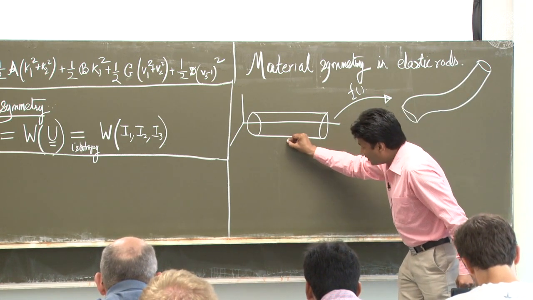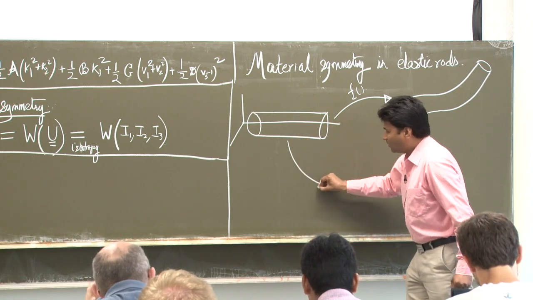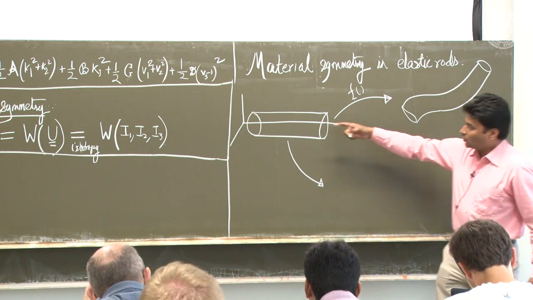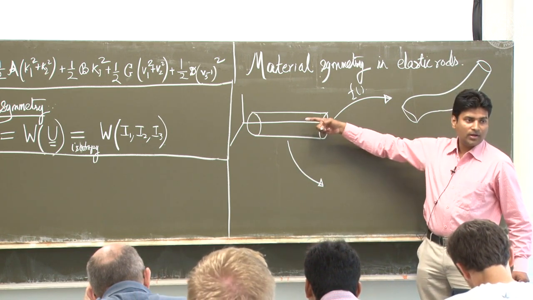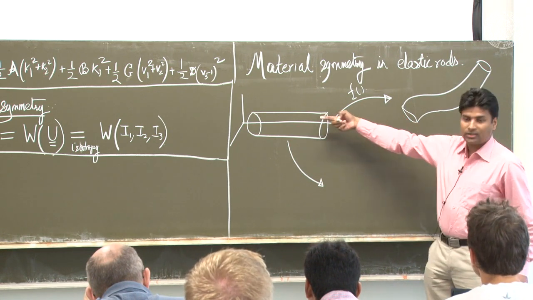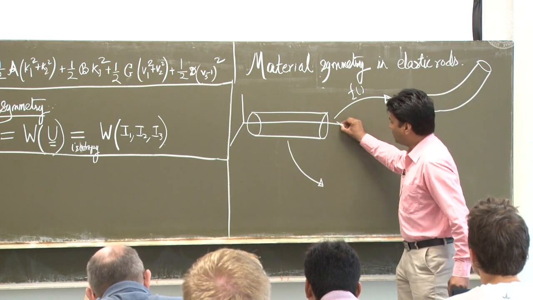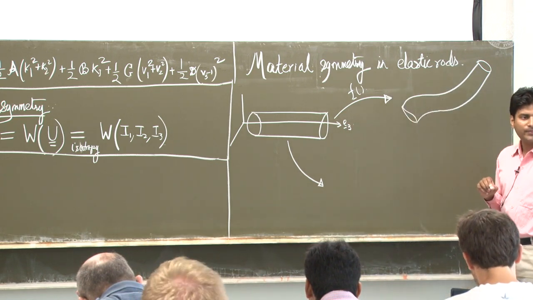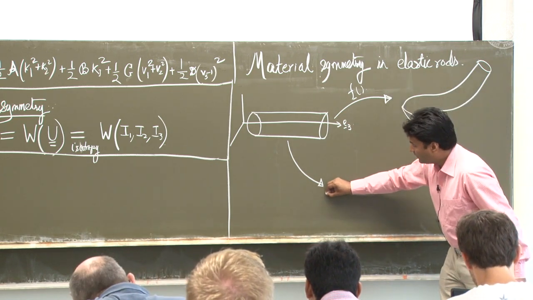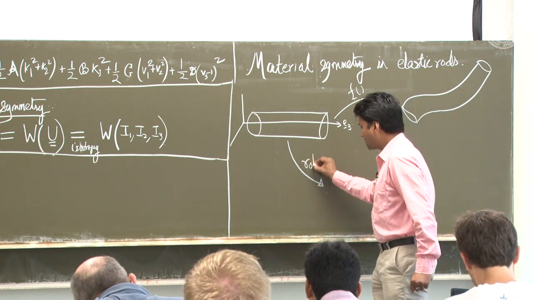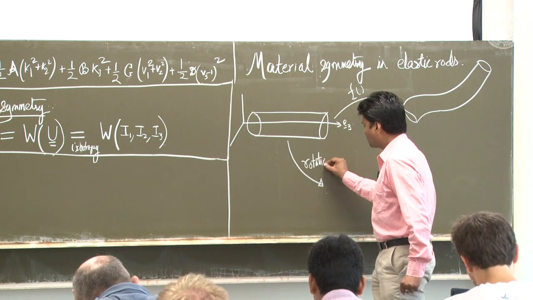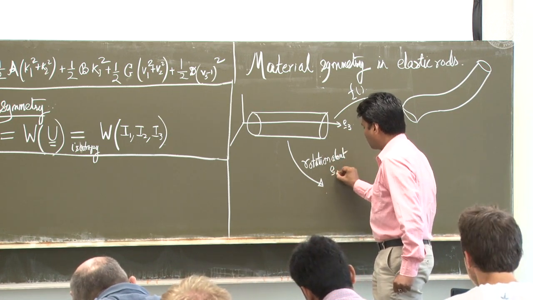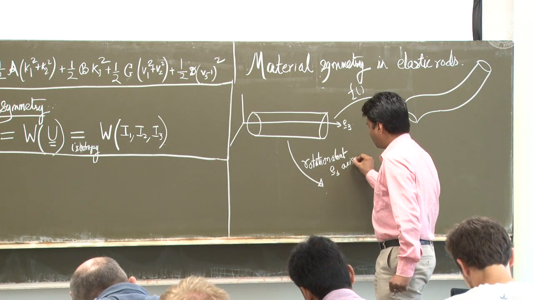In the second theoretical experiment, suppose I rotate this beam about the E3 axis. Okay, that's the E3 axis. So this is rotation about the E3 axis.